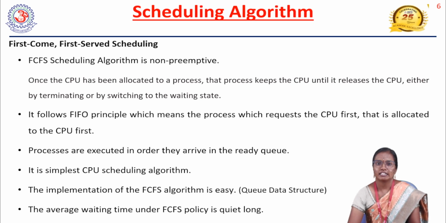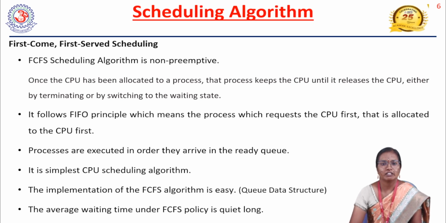Already I said that the first come first served scheduling algorithm is non-preemptive scheduling. Here the processes arrive and they are placed in a ready queue. The principle they follow is the order in which they arrived, to take only one process from the ready queue and assign it to the CPU.